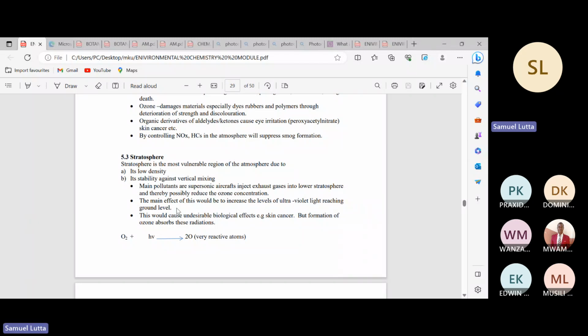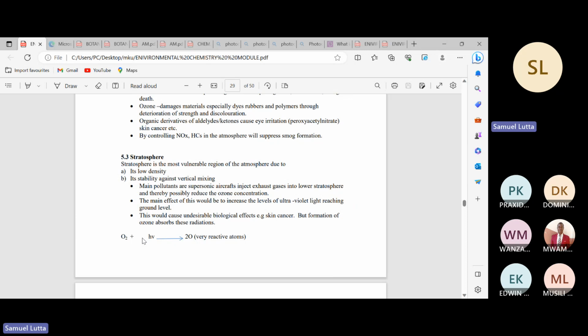At this temperature, we have said when you increase the level of ultraviolet light, then you will favor the catalytic reactions that destroy ozone.